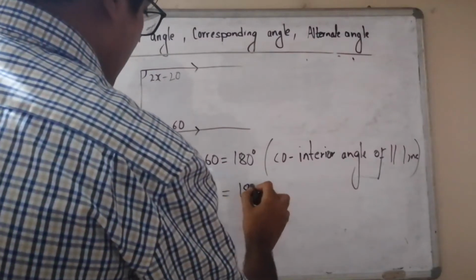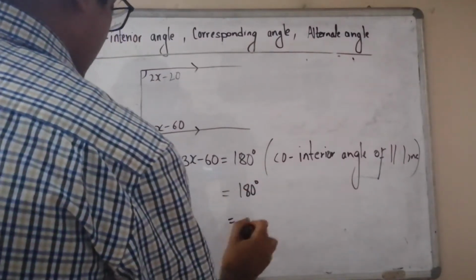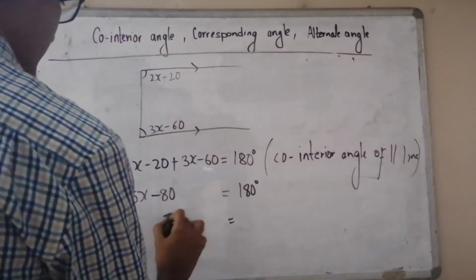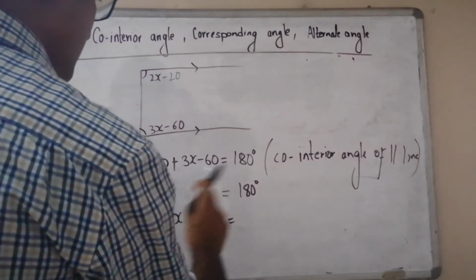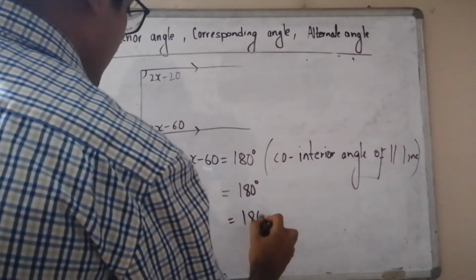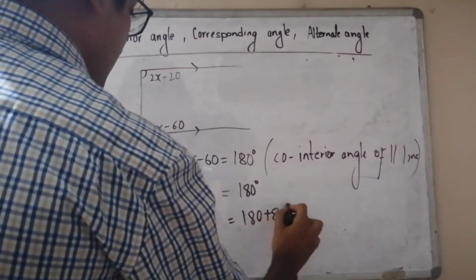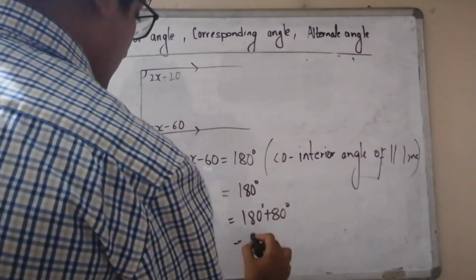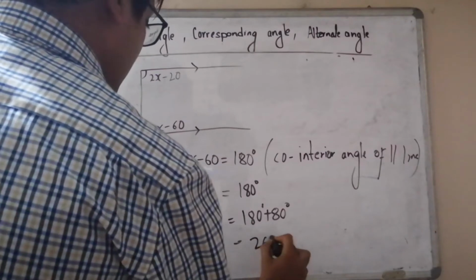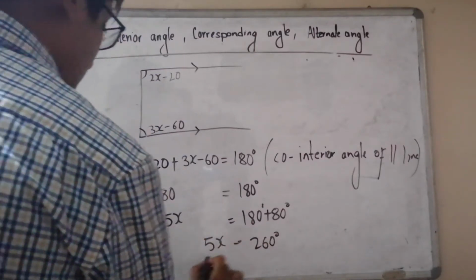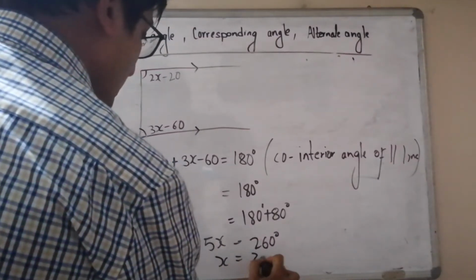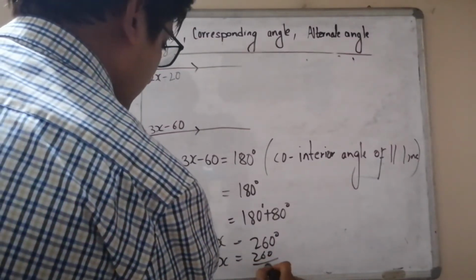And 180 degree here as it is, or 5x minus 80; if you take this minus 80 to the other side, it becomes plus 80 degree. So it becomes 260 degree, 5x, or x equal to 260 divided by 5.